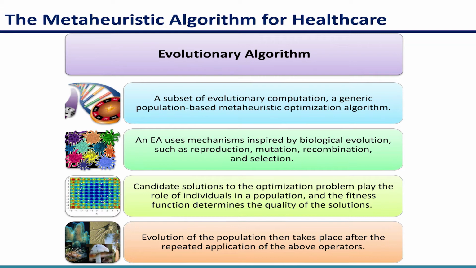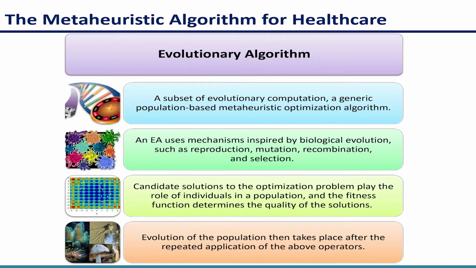An evolutionary algorithm is a subset of evolutionary computation, a generic population-based metaheuristic optimization algorithm. In short, we pronounce it EA.